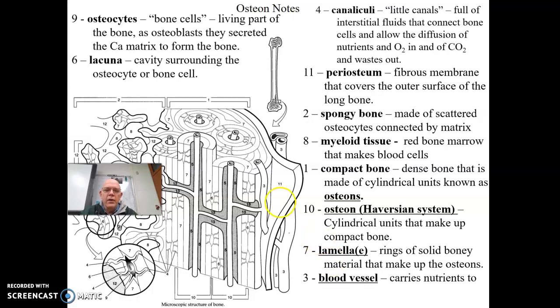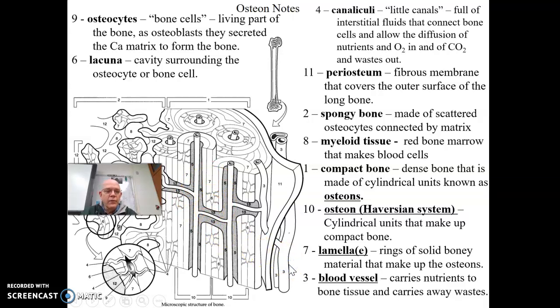All right, and it makes up those osteons. All right. Number 3 is a blood vessel. Now, we will call all these blood vessels. It could be an artery, could be a vein. Usually there's one coming in, one taking stuff back out. So there can be arteries and veins coming through the bone tissue. And this is just because it's got to bring oxygen and nutrients to these osteons. It also has to pick up waste products from the osteons.